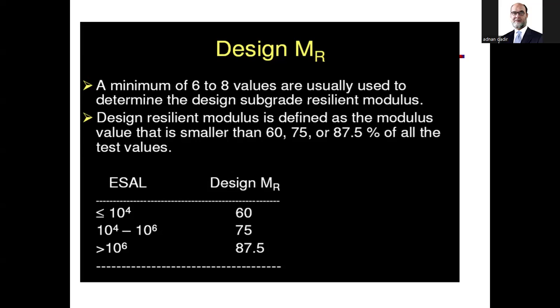So it depends upon the type of road and how important it is. If it is just a local road with around 10,000 loads, you will discuss this again one more time. If it is up to 1 million, you will use the 75 percentile design value, or if more than 1 million, 87.5.